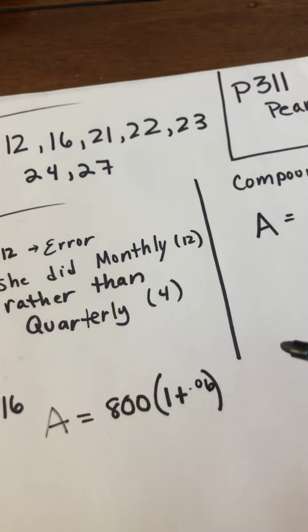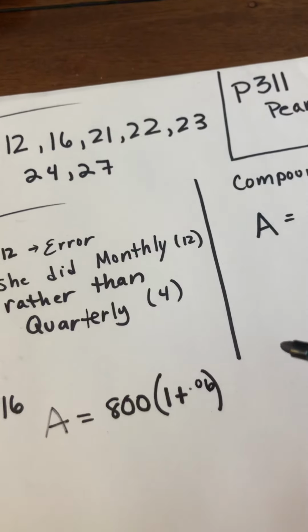So there's the problem again. 800 was the P, the rate is 6%, so 0.06. 9 will be the years I put in for T, and then compounded quarterly, so I'll divide by 4, and then I'll say 4 times 9. And so that would be the setup for that one.